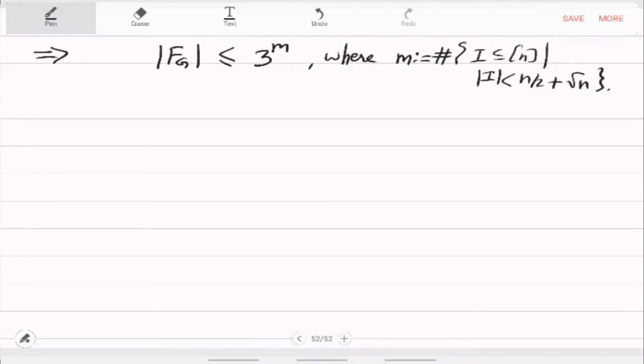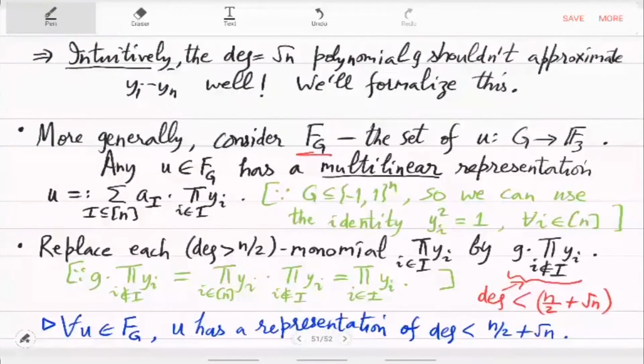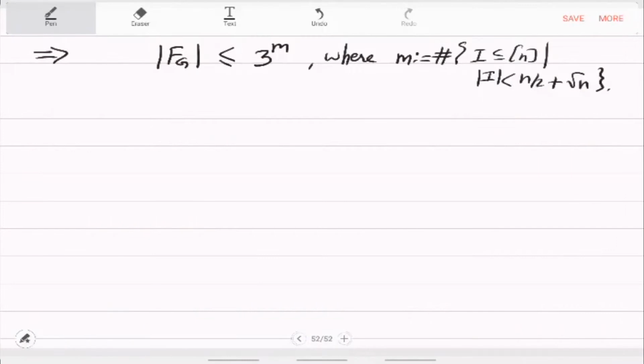Right, so basically the function u in the representation, you have these A_I's. They take 3 values potentially. And how many big I's are there? The number of big I's is m, which is how many n by 2 plus square root n degree monomials are there. And each A_I takes 3 values, so 3 raised to m. This is the maximum number of u's you can have. That's one thing.